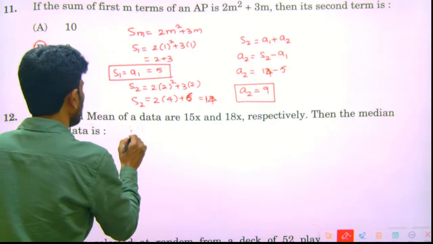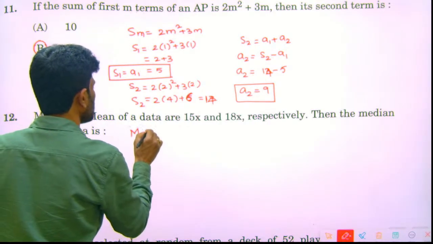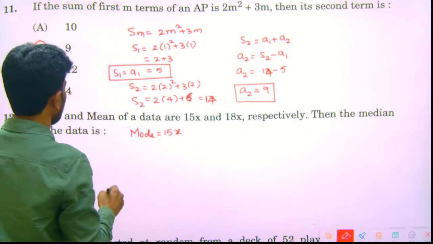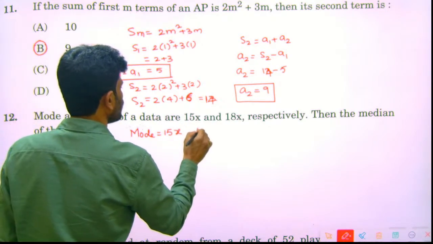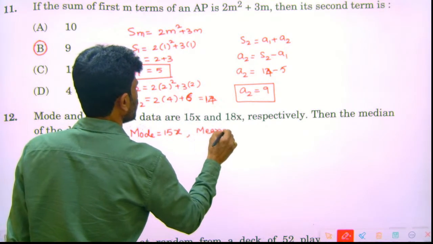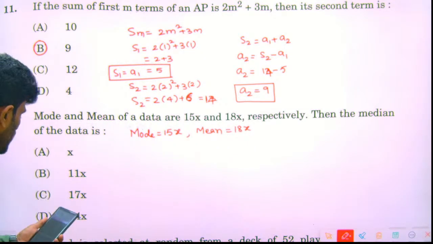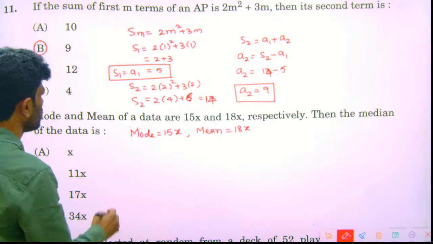It is given: mode is equal to 15x. And one more piece of information, mean is equal to 18x. Mode is equal to 15x, mean is equal to 18x. Then we want the median.